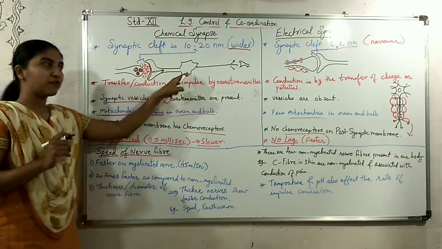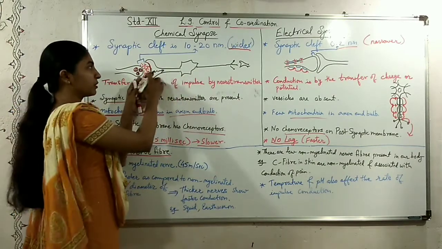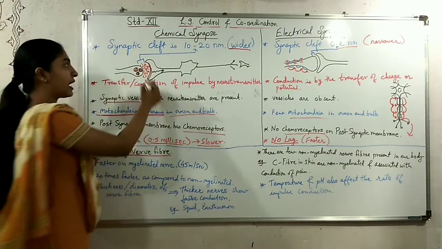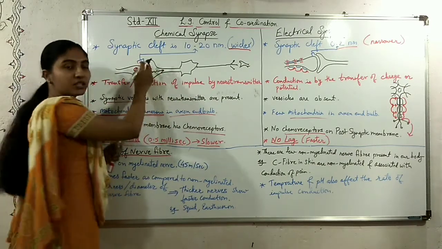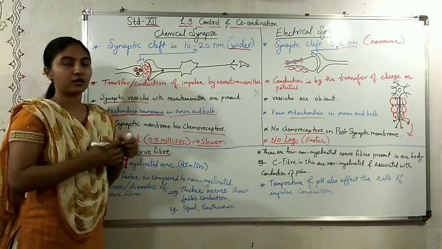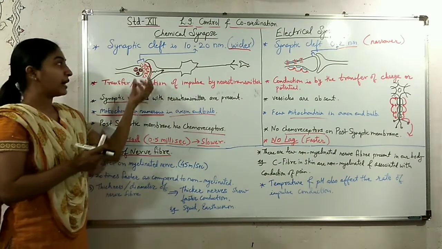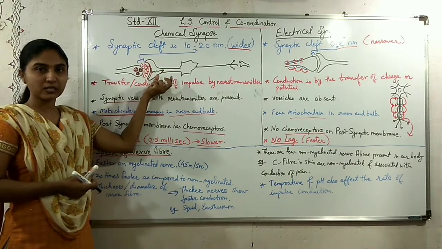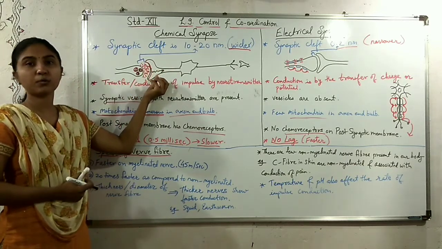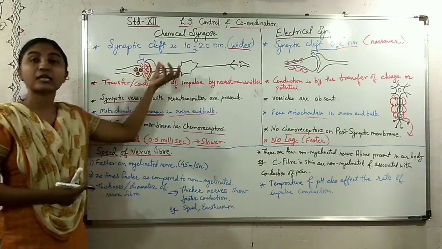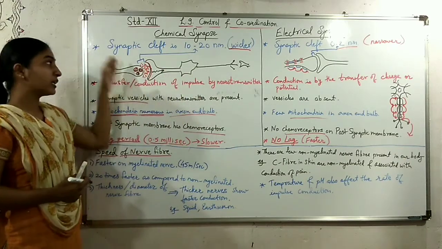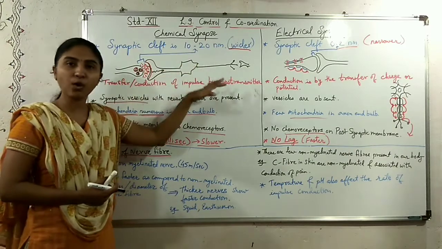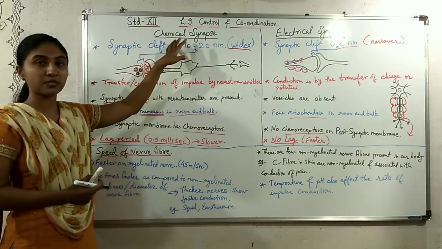So every junction of an axon end bulb and a dendrite has to go through this process: release of the neurotransmitter, which then binds and forms a complex on the postsynaptic membrane. This takes a lot of time. That's why the conduction of the impulse is slower in the chemical synapse.